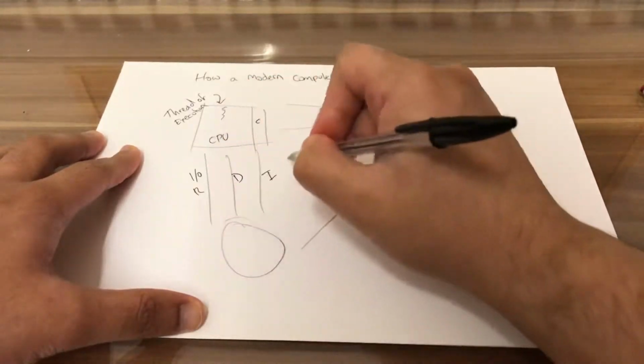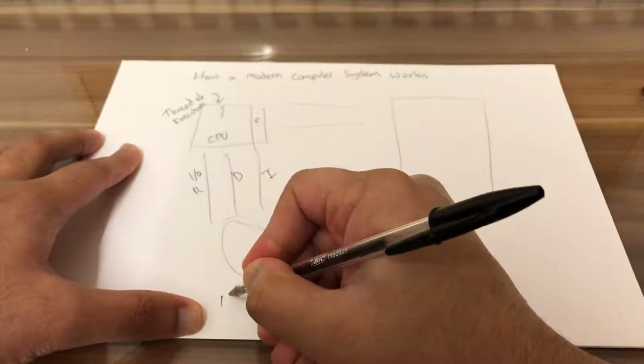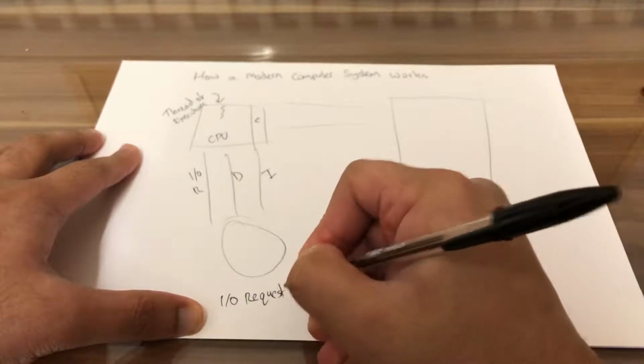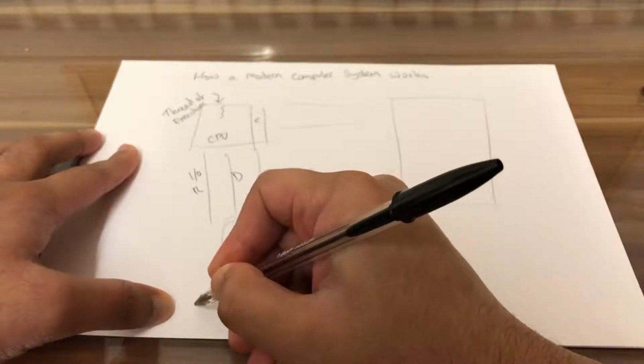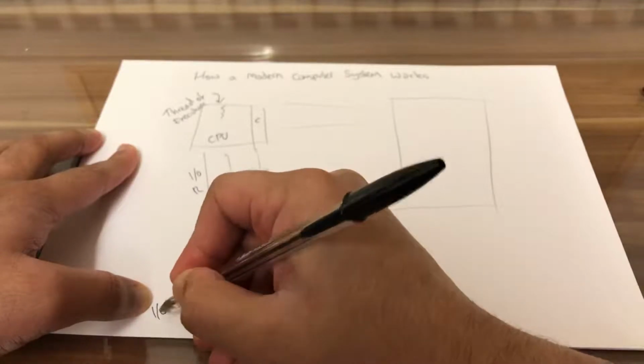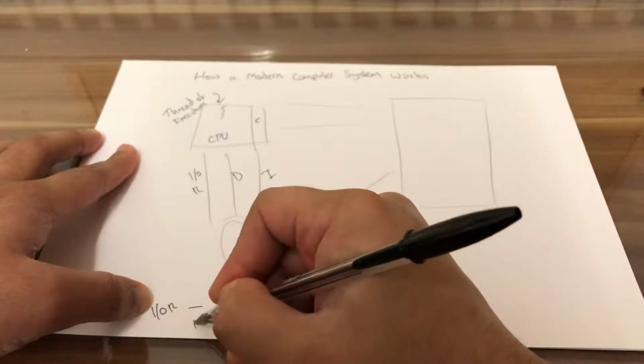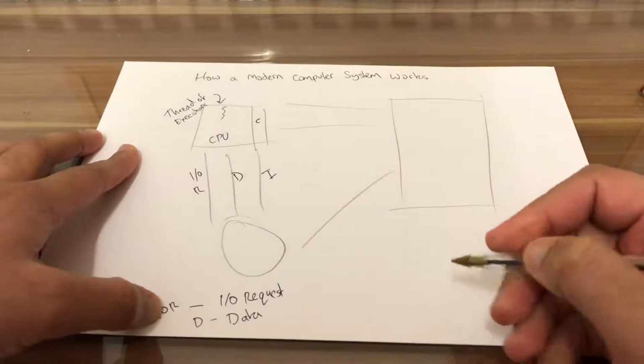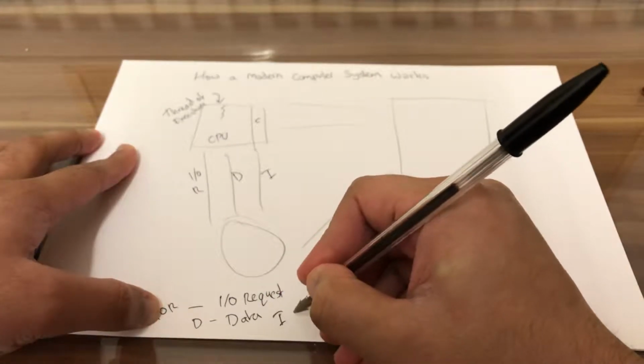I'll just write all this on the bottom. D for data, and I for interrupt.